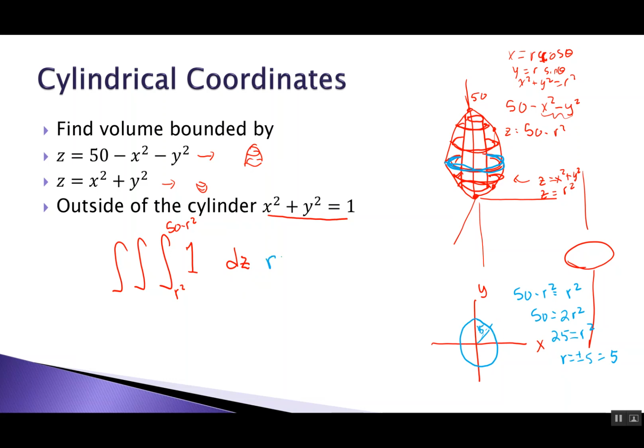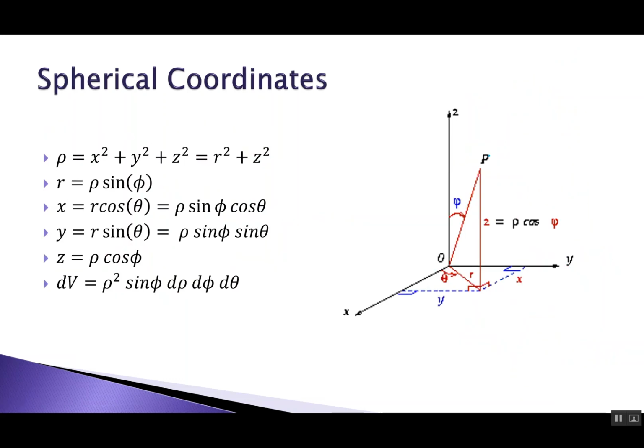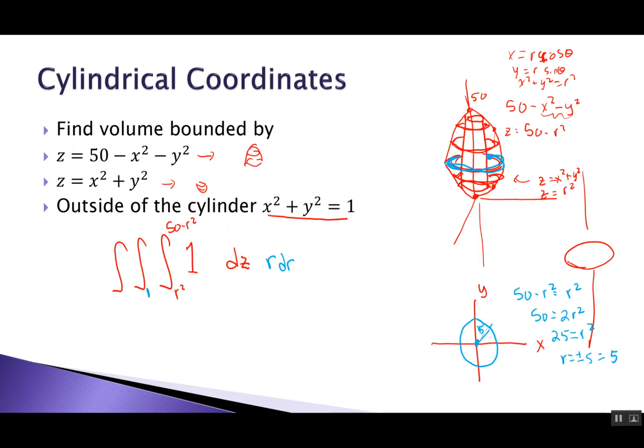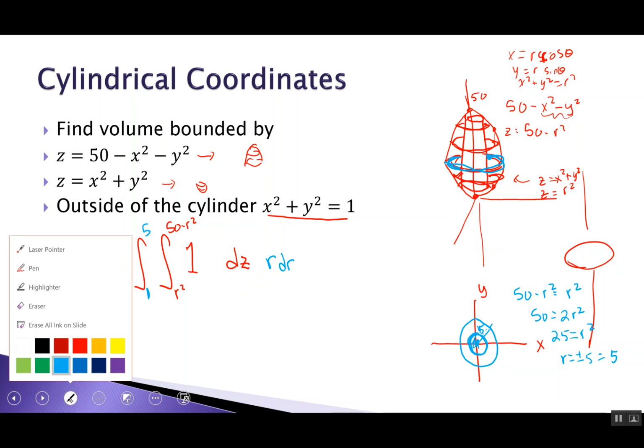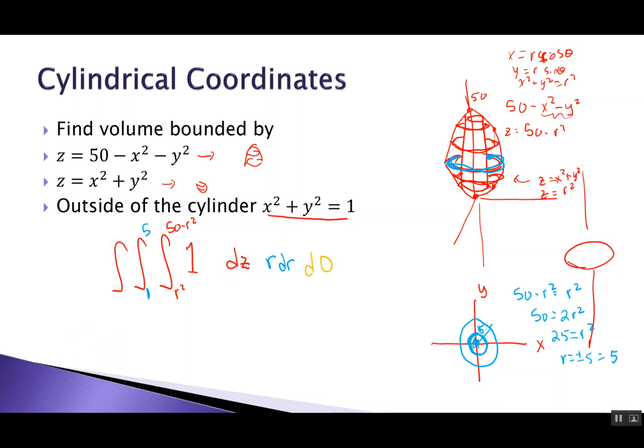So my r dr ranges from 0, no, not from 0, from the outside of this bead, which is a 1, up to the outside of the circle. Remember, we've got this hole in the middle of radius 1. So from 1 up to 5. There's my r dr. And then for d theta, I have the entire shape.